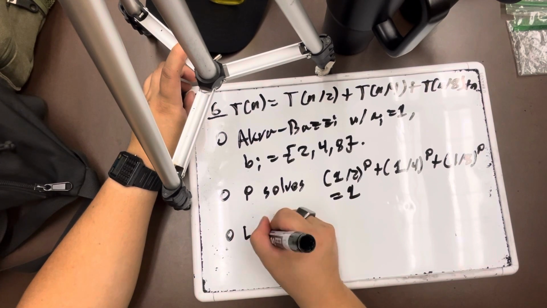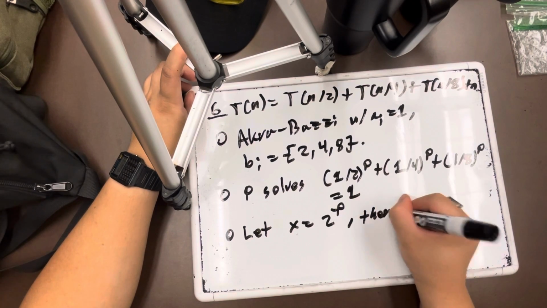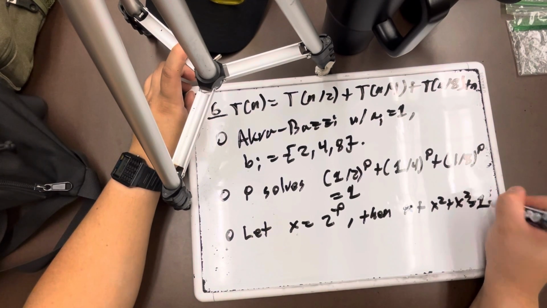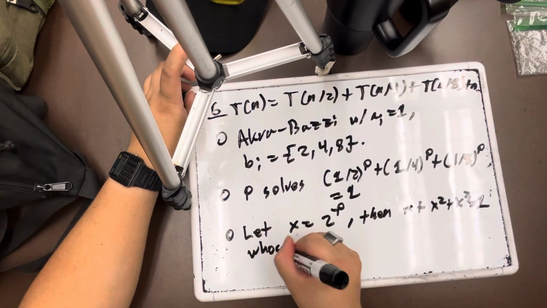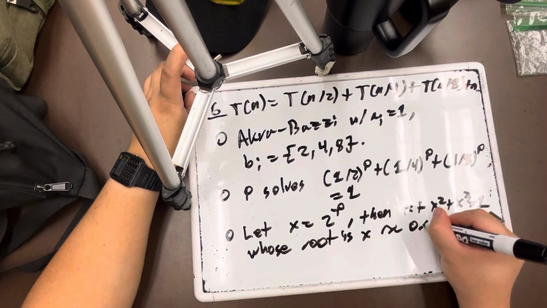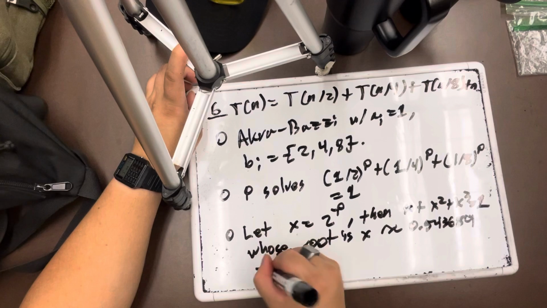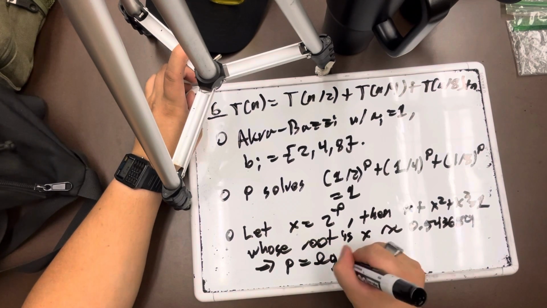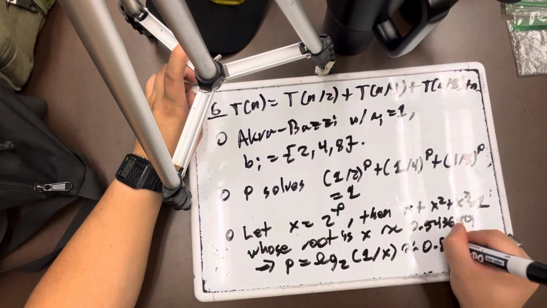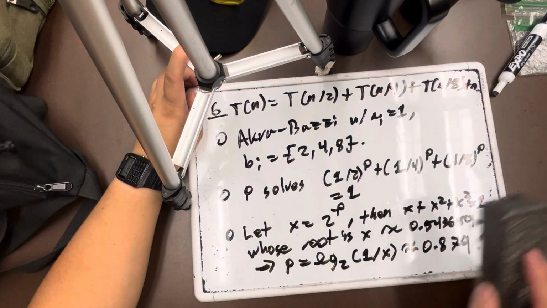Now if we let x equal 2 to the negative p, then x plus x squared plus x to the power 3 equals 1, whose root is x roughly equal to 0.543689, which implies p is equal to log base 2 of 1 over x, which is roughly equal to 0.879. Okay, and we're going to need more board space, so let me just get to that.